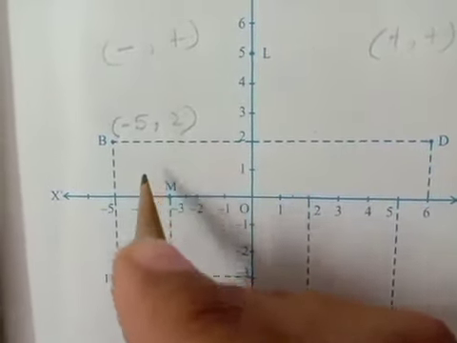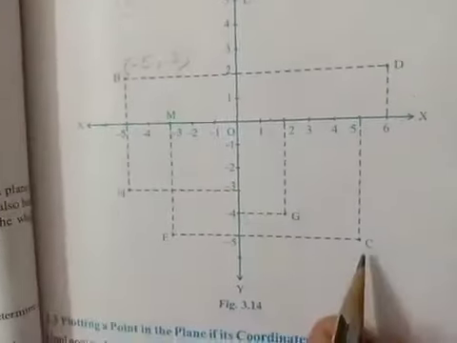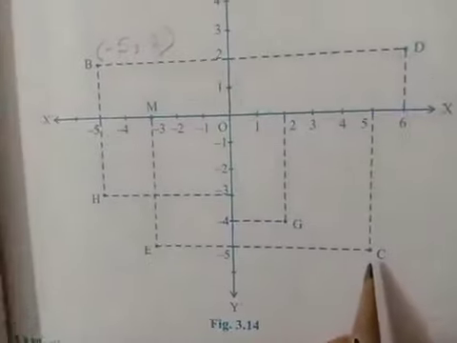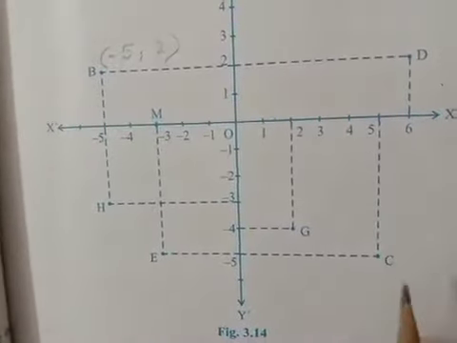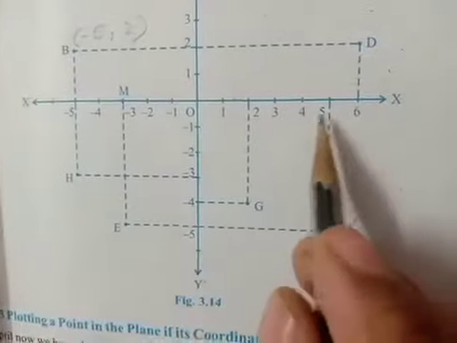The same way they have asked the coordinates of C. Now where is C located? Over here. You will have to find out the coordinates. So what are the coordinates? First will come the x coordinate.